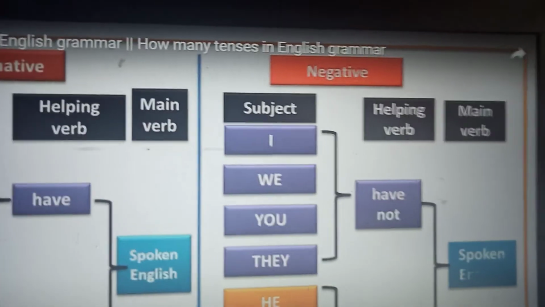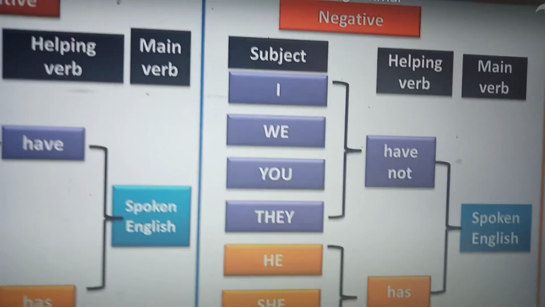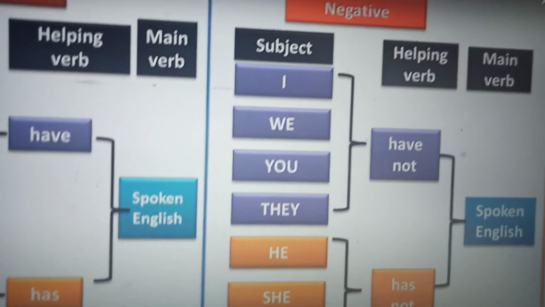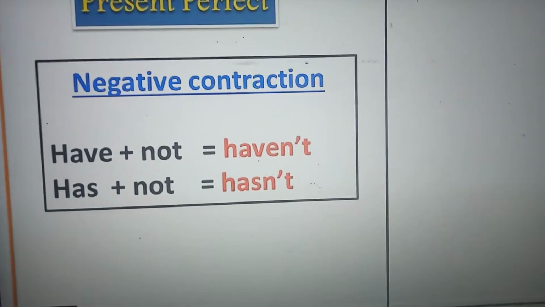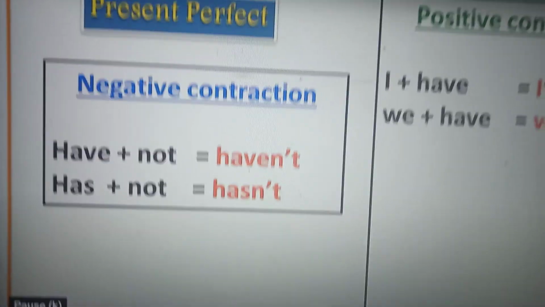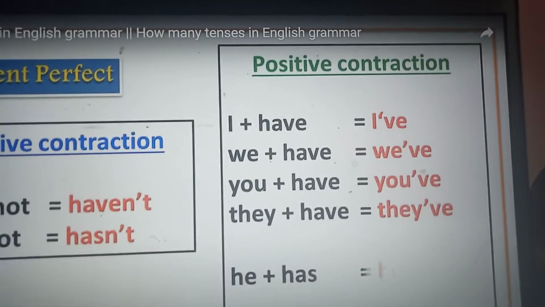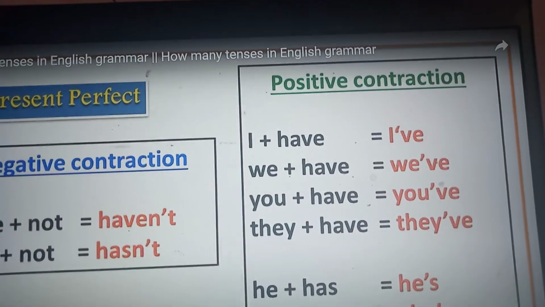Negative: I have not. We have not spoken. The verb tense is also changing. Have not, haven't, hasn't. I have, we have, you have, they have.